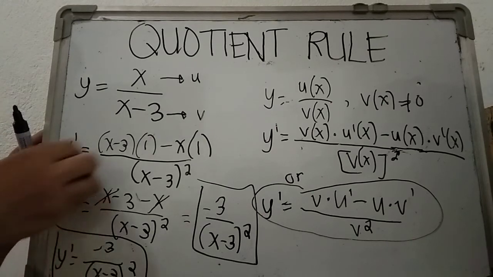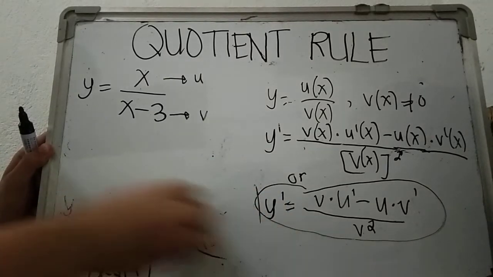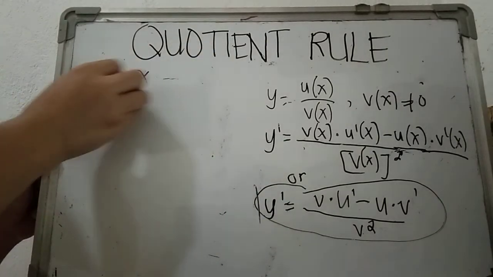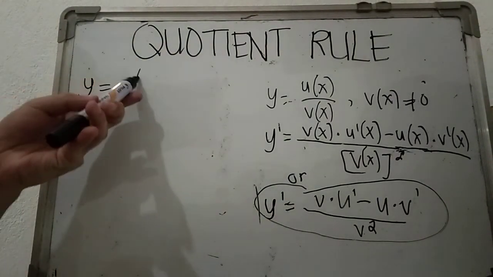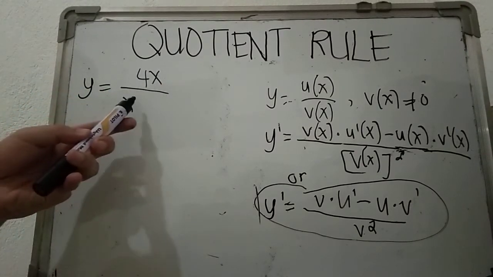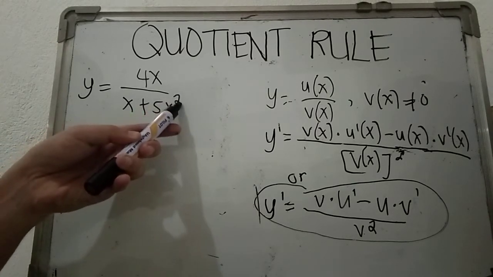Another example, we have here 4x over x plus 5x squared.